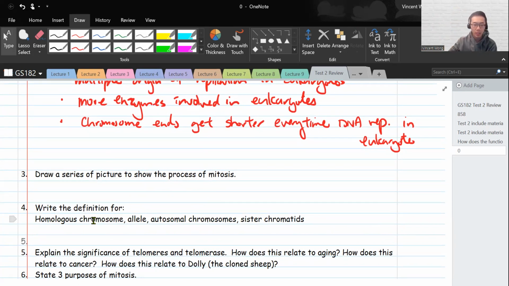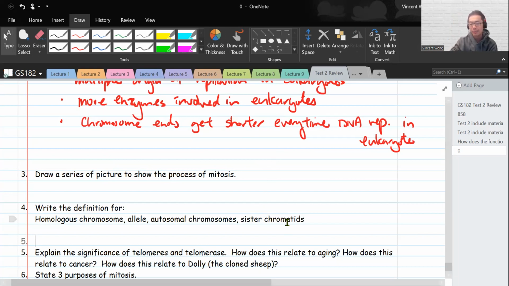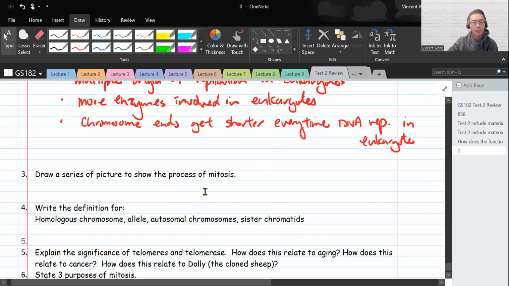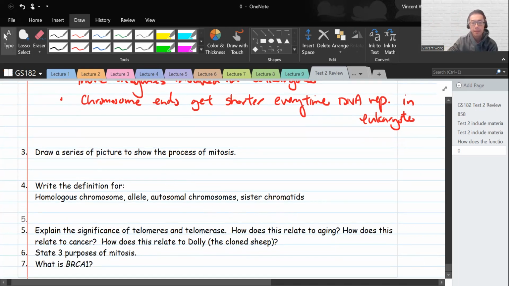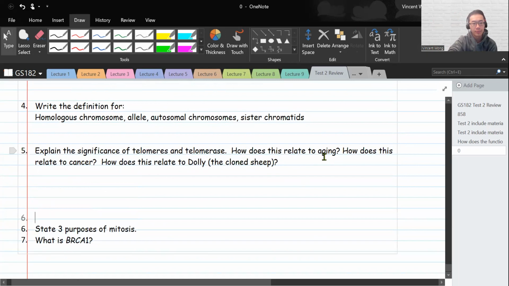So chromosome 1 to 22, those are autosomal chromosomes. Sister chromatids is what you get after you duplicate your DNA. When they're stuck together at the centromere, each half is called a sister chromatid. Okay. A lot of things here.